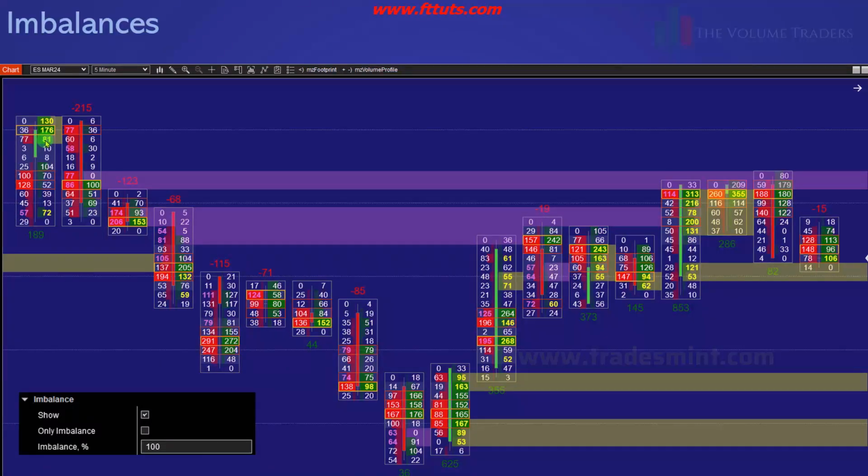Also, if my chart shows too many imbalances on 100, then I would switch to 200, because I don't want to see a mess on my charts, like every few ticks there's a zone of potential support or resistance. So then I would switch to a bigger value, 200, to make some filter.